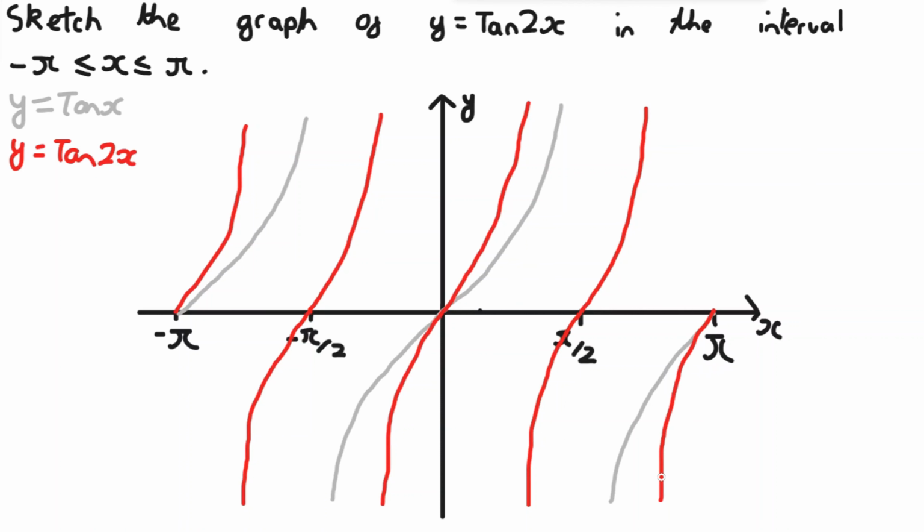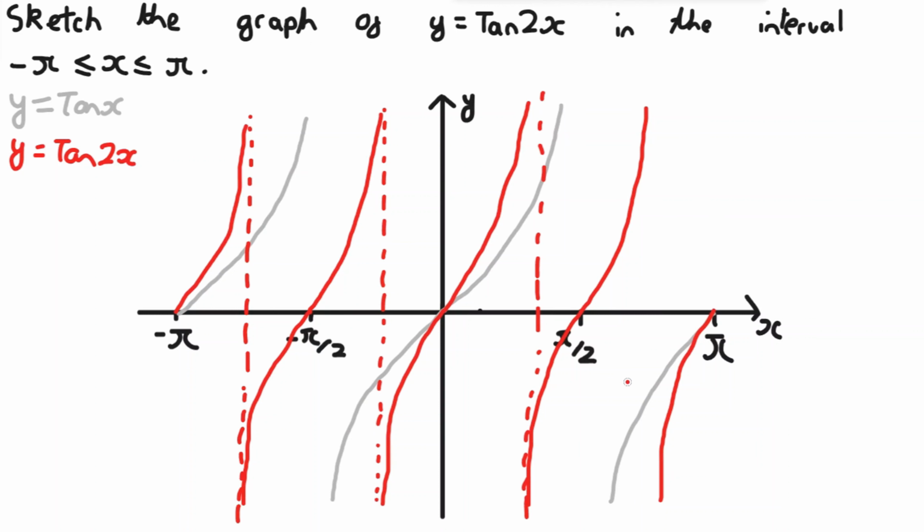Now let's sketch in the asymptotes for this one. So the asymptote is going to be here, here, here, and here.